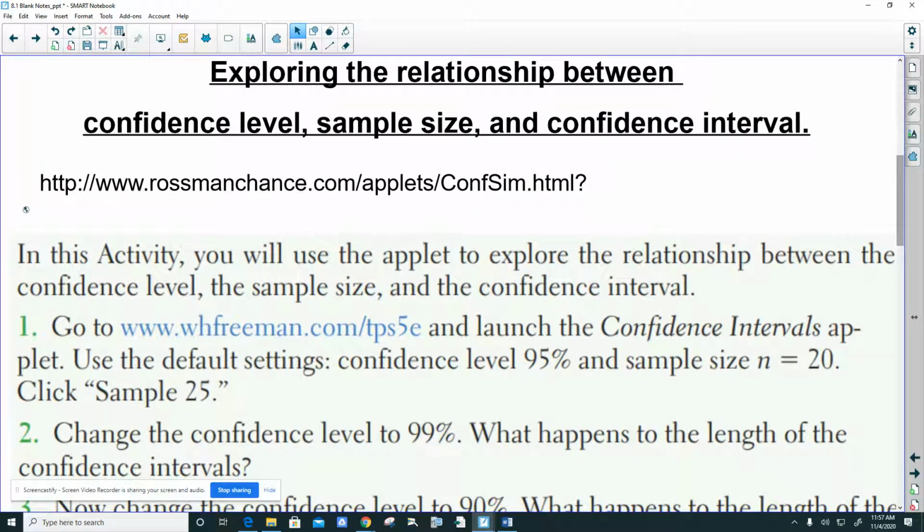And what we're going to just spend this last little bit of time on here is exploring how, when we make adjustments to our sample size or the confidence level, like maybe switching from 95% to 99%, that affects the interval that we are constructing. Okay?